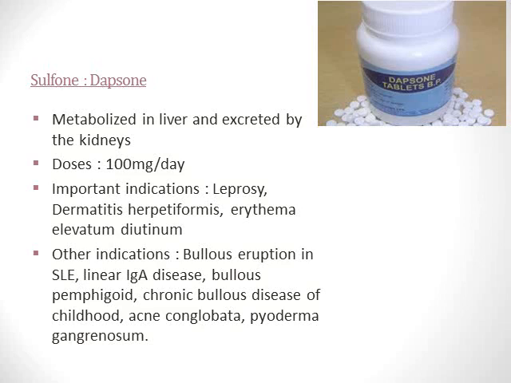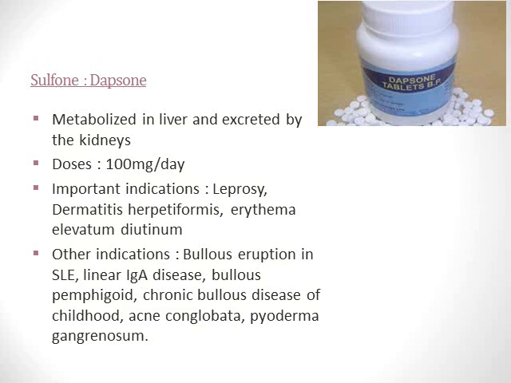Then we use it in certain dermatological disorders where the primary first line indication is dermatitis herpetiformis, erythema elevatum diutinum. But there are many indications, especially disorders with a lot of neutrophil infiltrate. We use Dapsone in bullous eruptions of SLE, linear IgA disease, bullous pemphigoid, pyoderma gangrenosum, and also in acne conglobata.